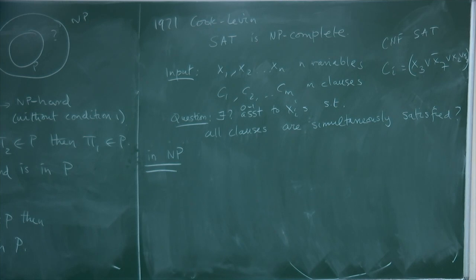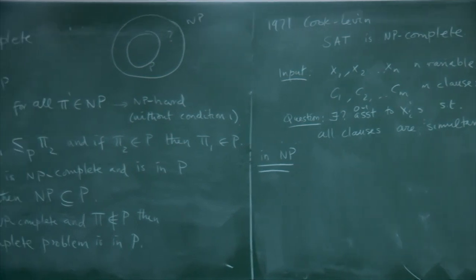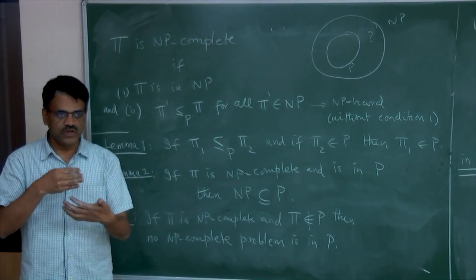But the formal definition of NP is useful. So, what is the formal definition of NP? Your problem is in NP if there is a non-deterministic Turing machine which takes the input string and checks whether it is in the language in polynomial time. So, you are given such a non-deterministic Turing machine, and you simulate its computation using a formula.